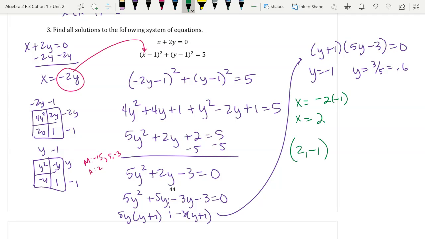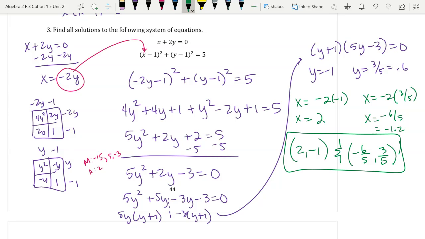Make sure you put the x first. X is equal to negative 2 times 3/5, so x is equal to negative 6/5, or if you like decimals better, negative 1.2. So your other point here is negative 6/5, comma, 3/5. I like fractions better, so I'll do fractions, but if you like the decimals, so be it.